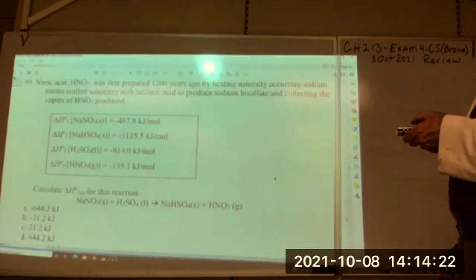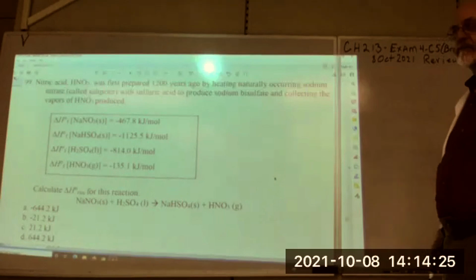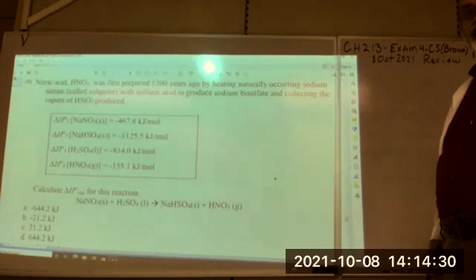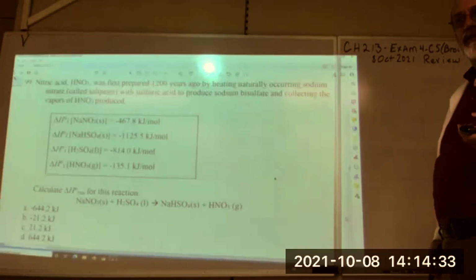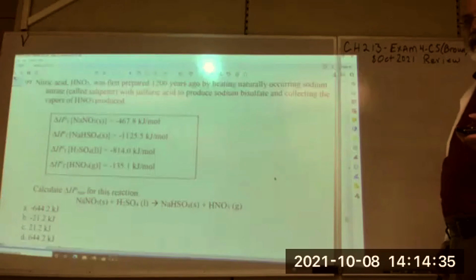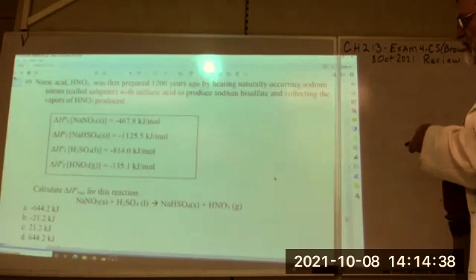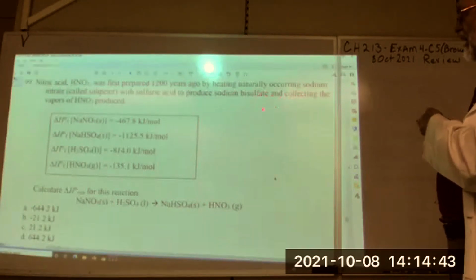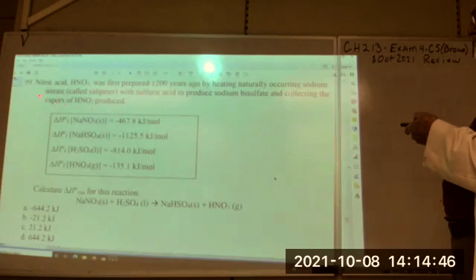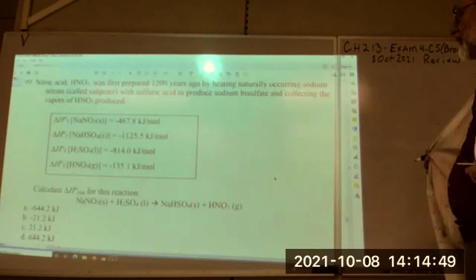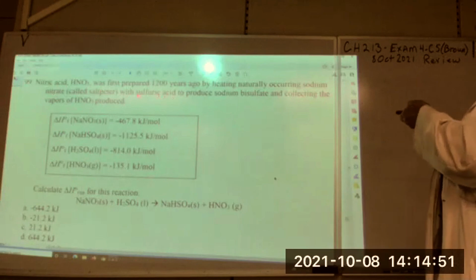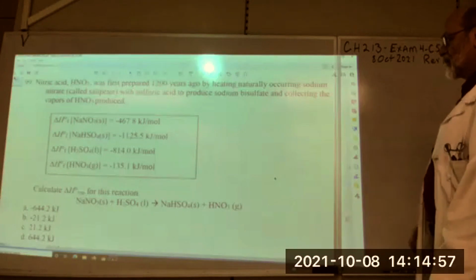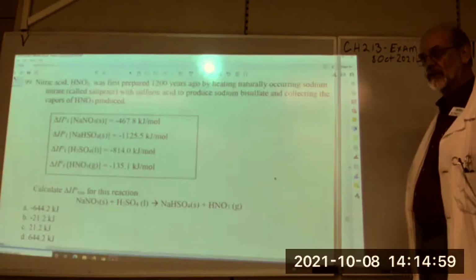Sodium sulfate would be Na2SO4, just like sodium carbonate, Na2CO3, and sodium bicarbonate. Baking soda is NaHCO3. So in this case, NaHSO4 is sodium bisulfate, and collect the vapors produced. That's been going on for 1,200 years or more, because this slide set is a few years old.